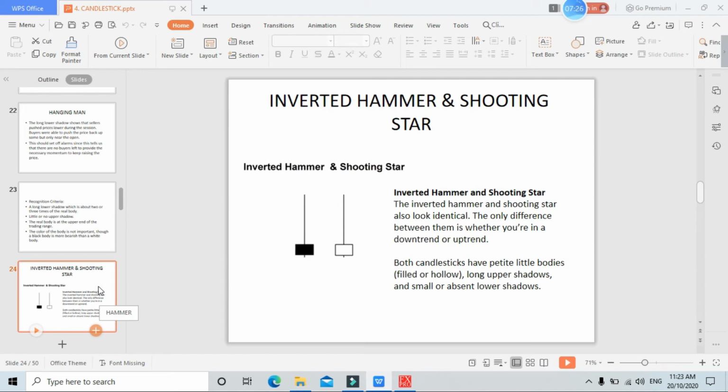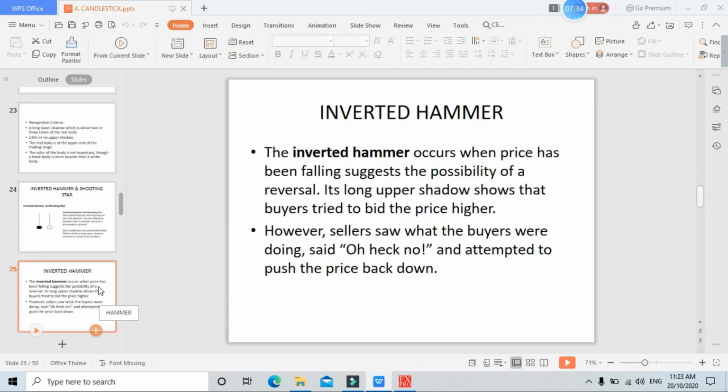So, the inverted hammer and the shooting star. For these two, the color is not important, the body and the shape are very important. The inverted hammer occurs when the price has been falling, suggesting the possibility of a reversal. So this is a reversal pattern.